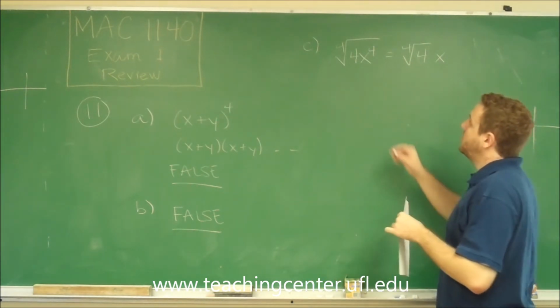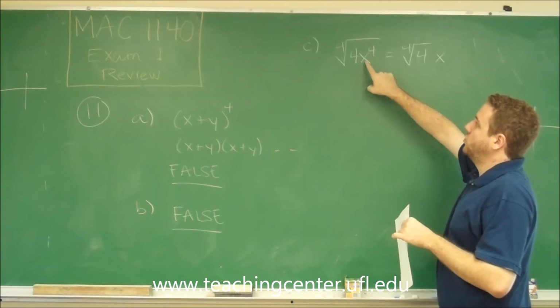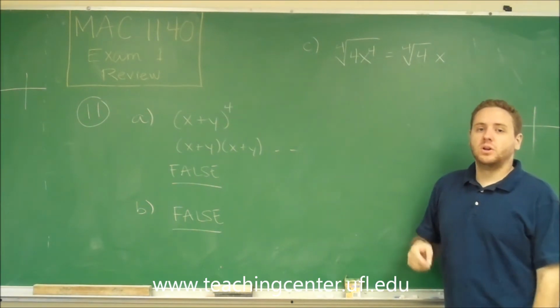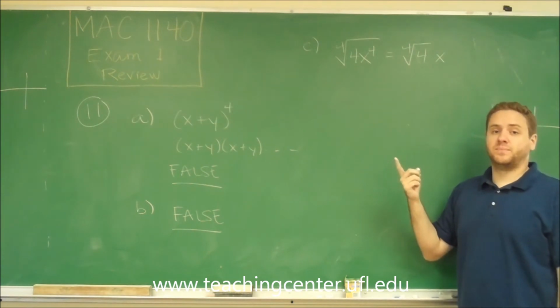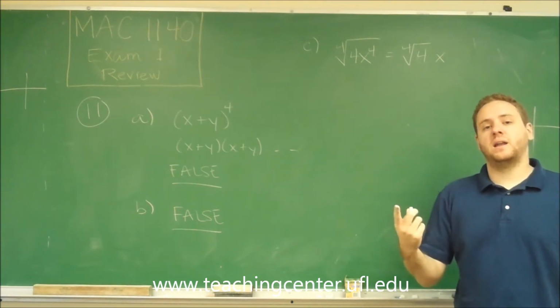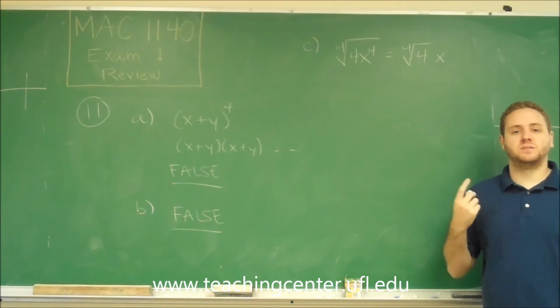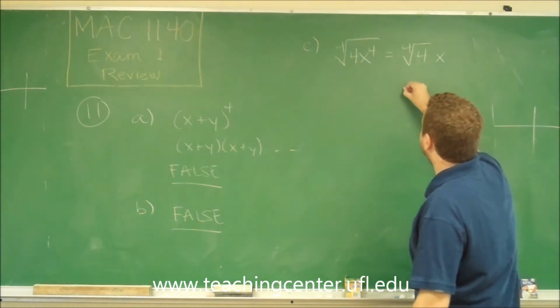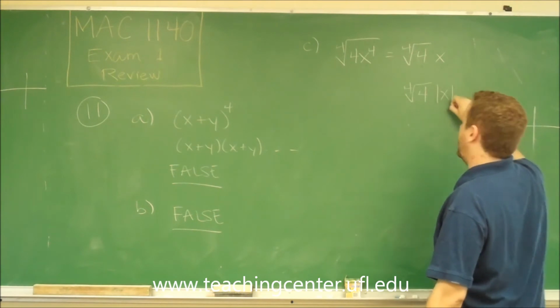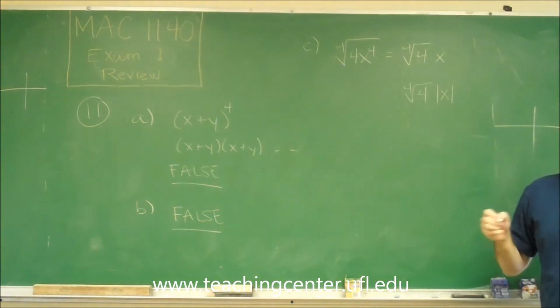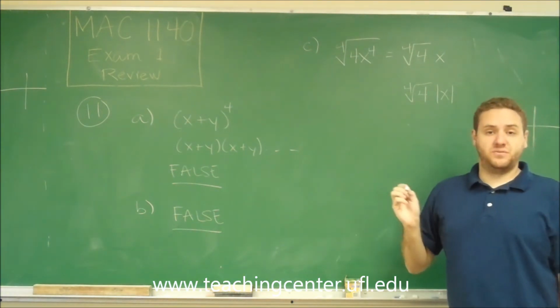The problem is that x, since it's raised to the fourth power, could have been positive or negative and given you the same answer. When you take the fourth root of that, you'll always get the positive result. So really, if you're going to do this, it has to be the absolute value of x. So without that there, this is false.